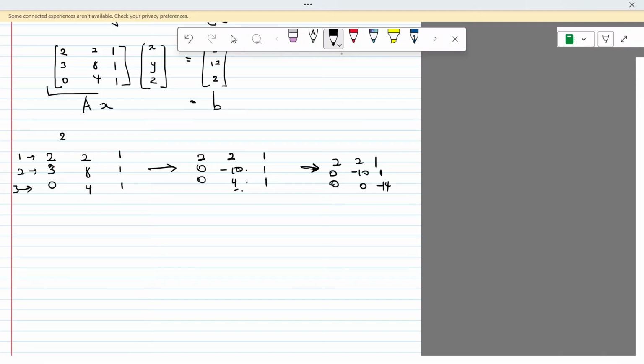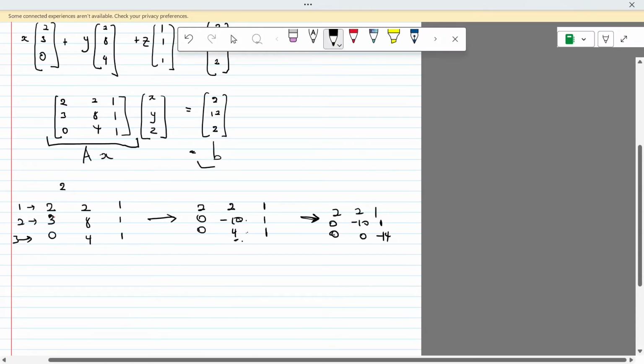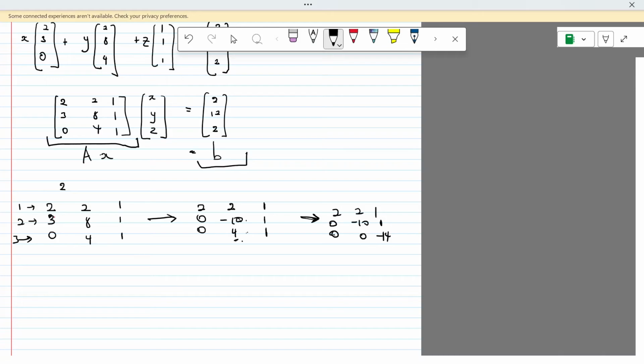Our left-hand side was this, our right-hand side is B, and we also had to do the same for B. Originally, this was 2, 2, 4, and 2. Here we had multiplied this by a 2 and this by a 3.